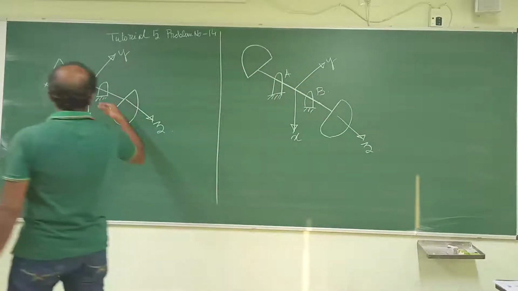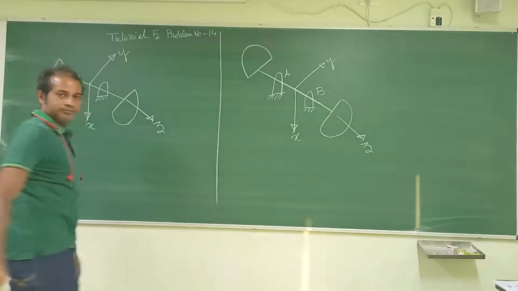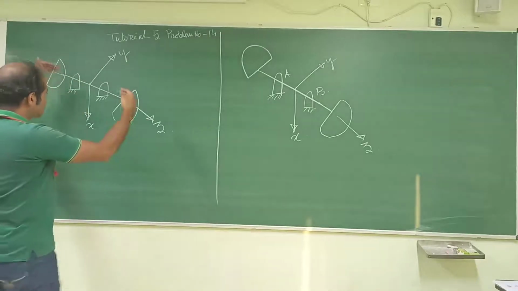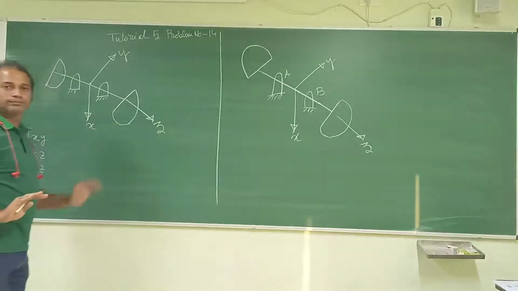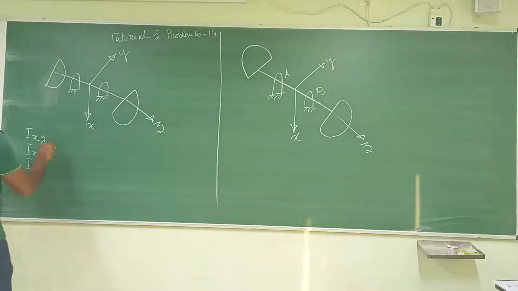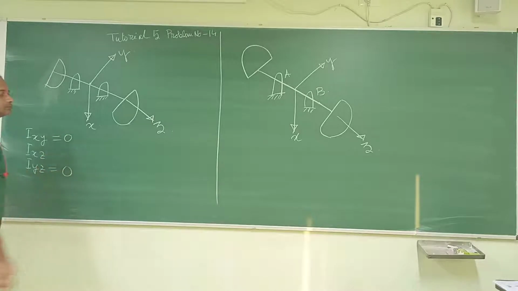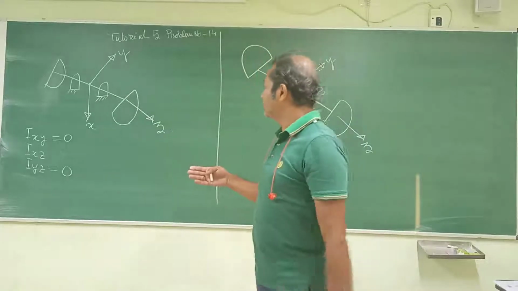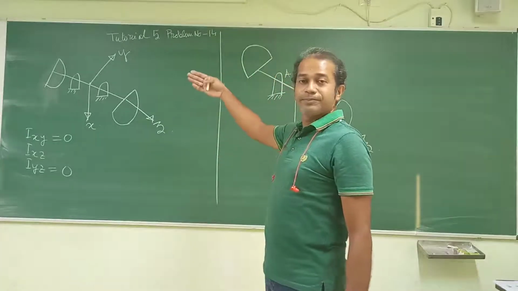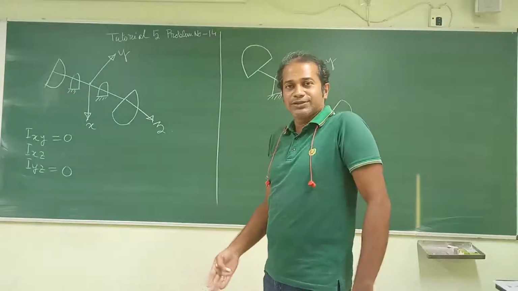Now if I cut it in the xz plane, I am going to get a positive y and a negative y. So all the y part is going to be 0. Look, the mirror symmetry lies with respect to the xz plane, the vertical plane through which you are going to cut.